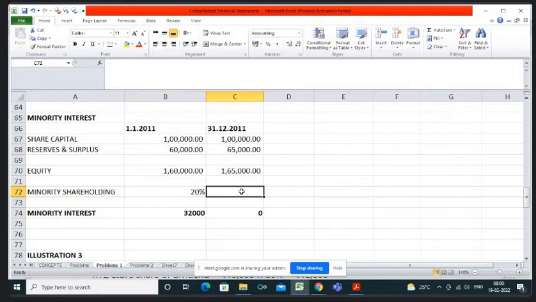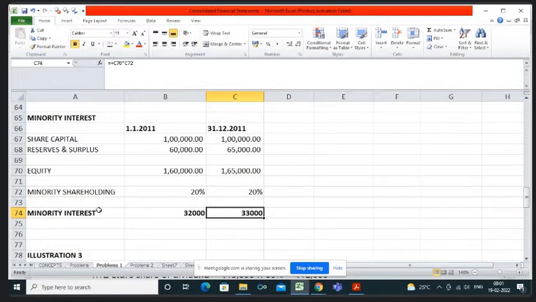The minority shareholding doesn't change as on the year end, so it will remain 20%. So the minority interest as on 31/12/2011 will be 1,65,000 into 20%, which is 33,000. So minority interest also we have calculated.